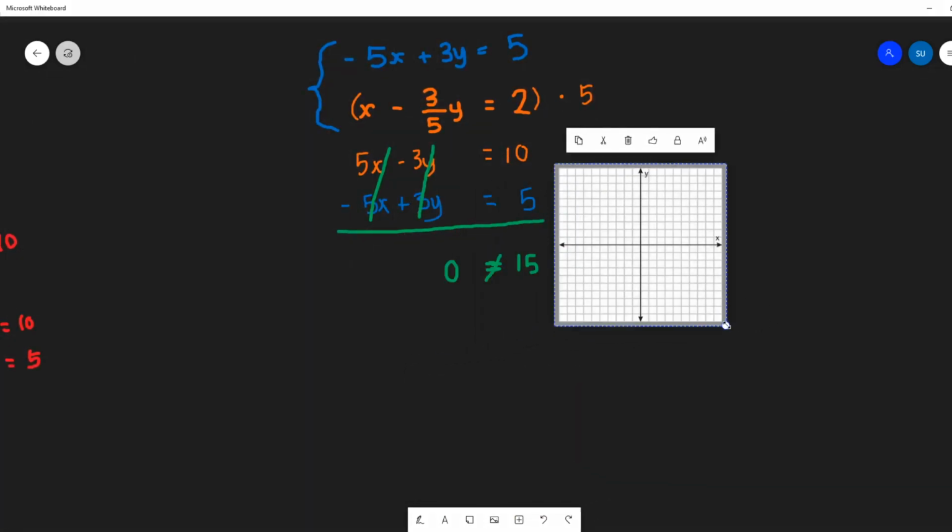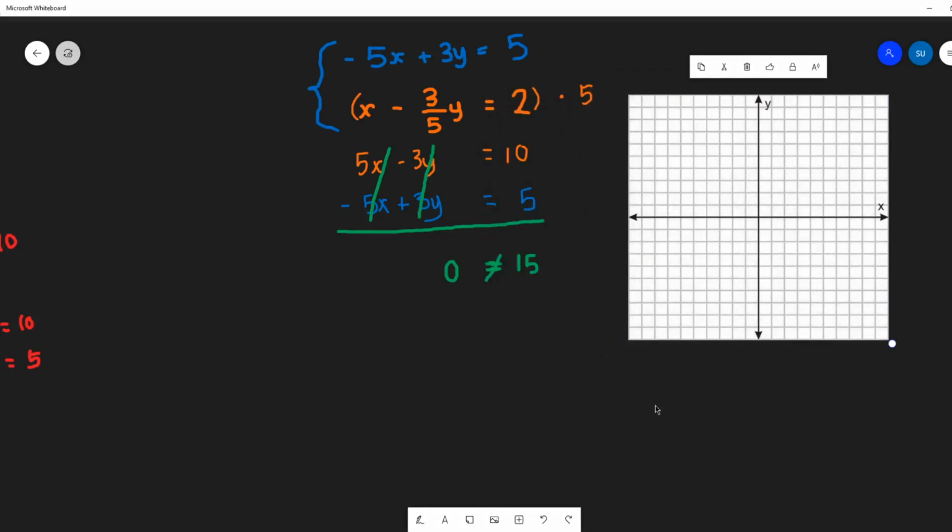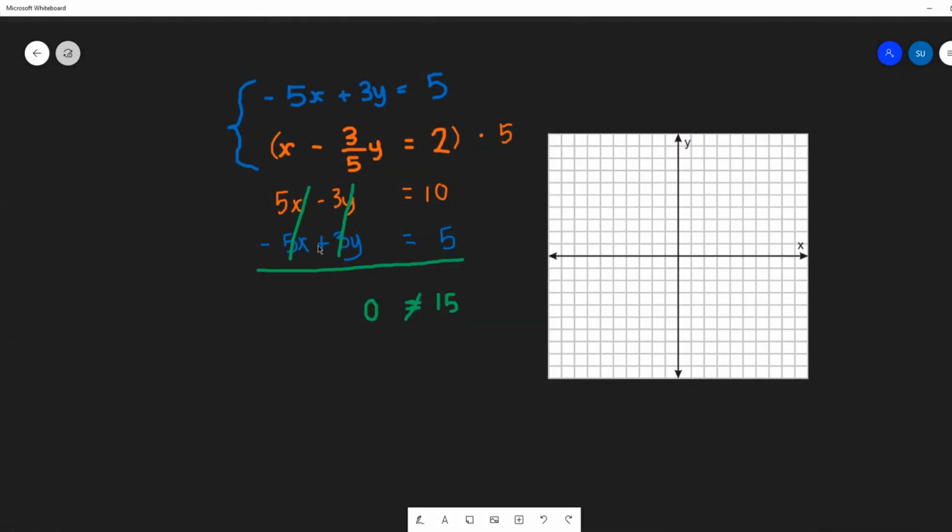So if we get another coordinate plane here and we graph both of these lines, they're both in standard form, so let me find the x and y intercepts. The x-intercept for this one would be 2, so 2 is right there. And then the y-intercept for this one would be negative 10/3, which is around negative 3 1/3.